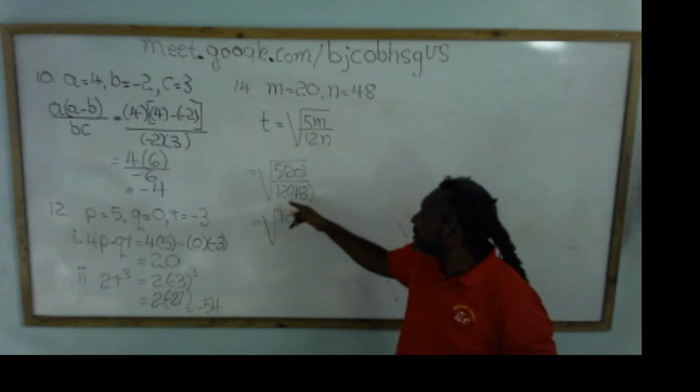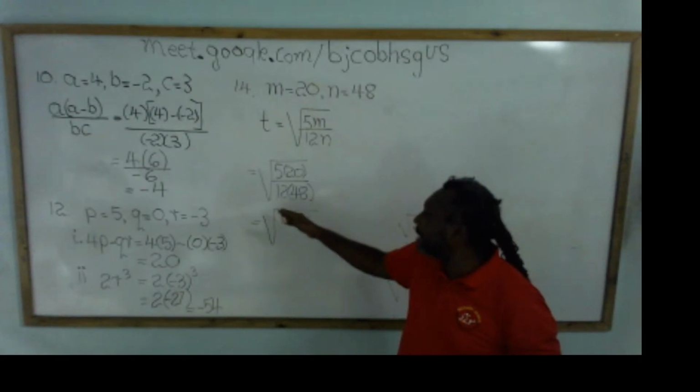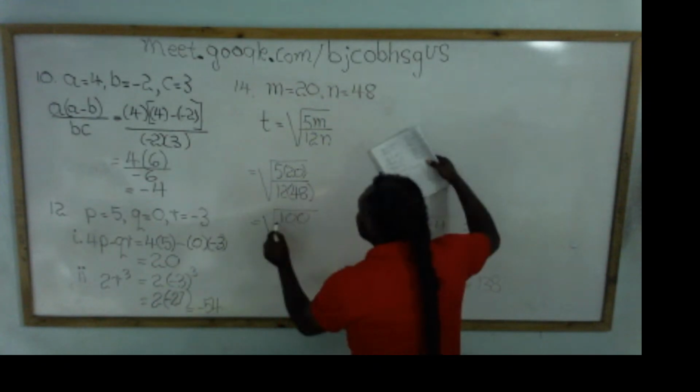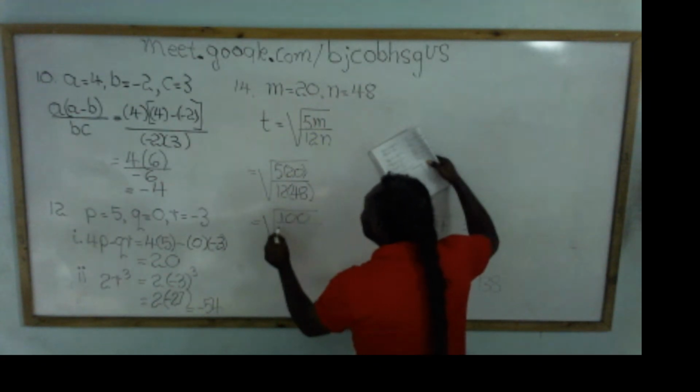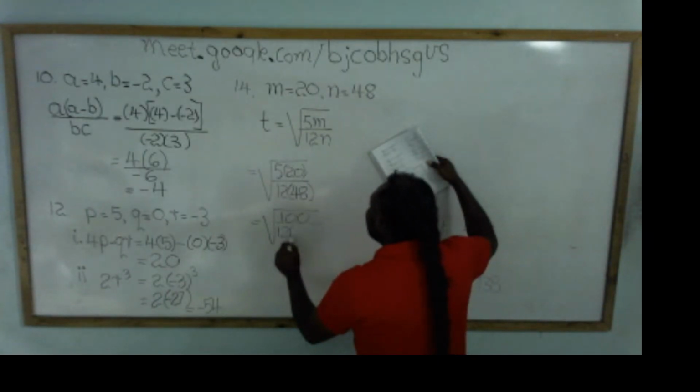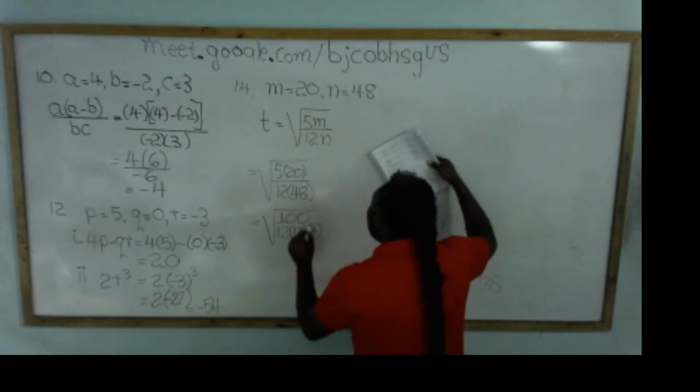But of course, you can see that we don't even have to double them, because if we write 48, we're going to write 48 as 12 times 4. So the 12 goes back, the 48 is 12 times 4. That's the 48.